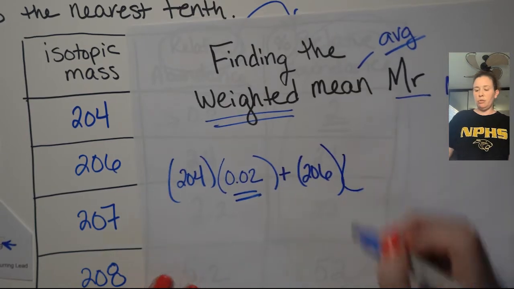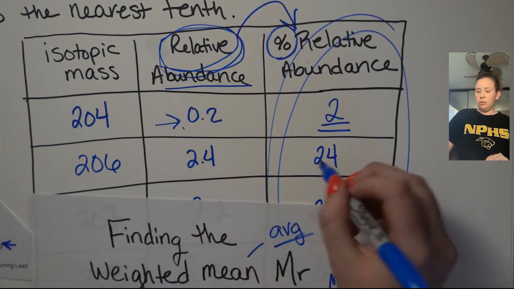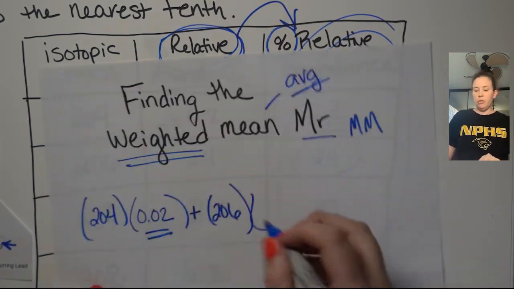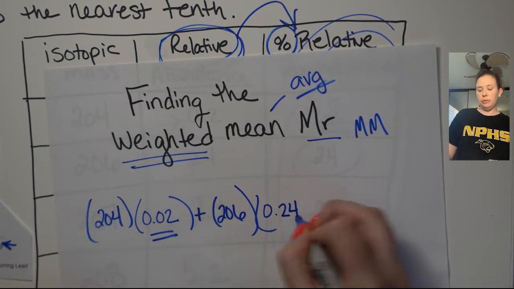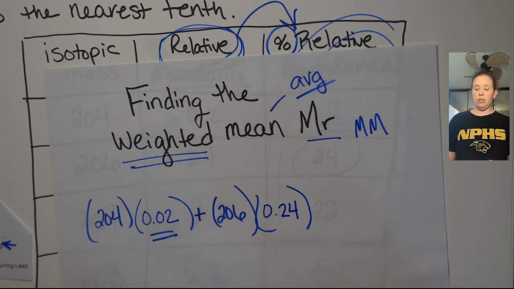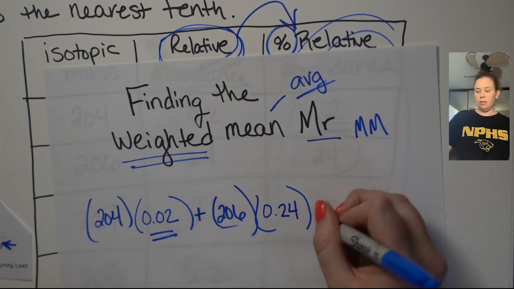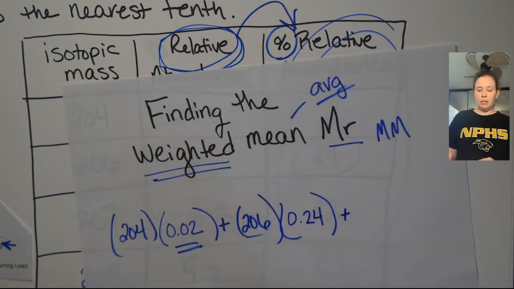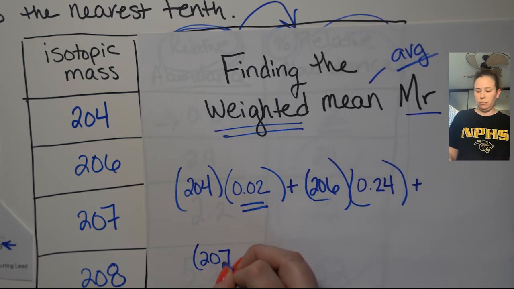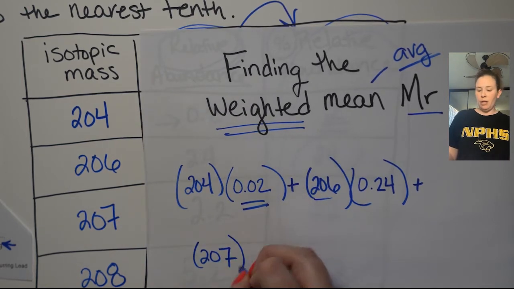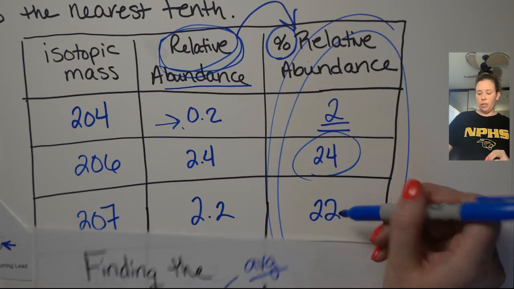How much does the 206 affect the total? 24% of it. So we're going to use the decimal version of 24, which is 0.24. That'll be how much my 206 isotope affects the total mass. The next mass is 207. So that abundance was 22.